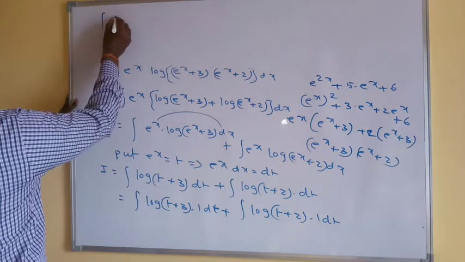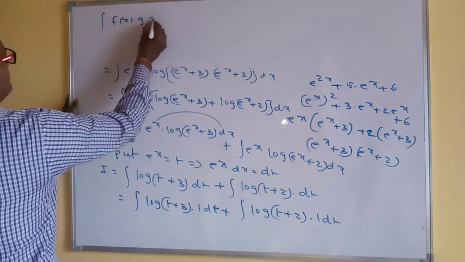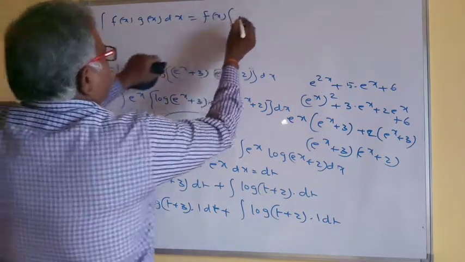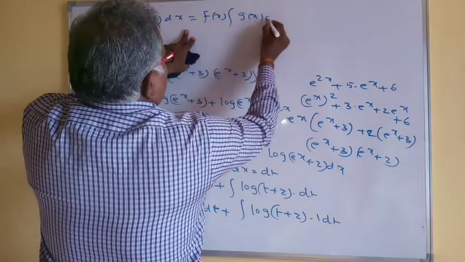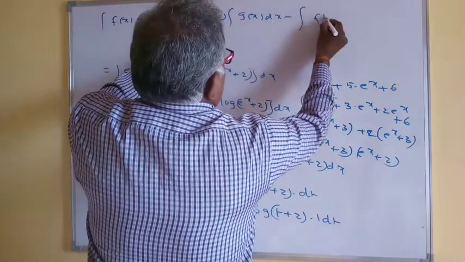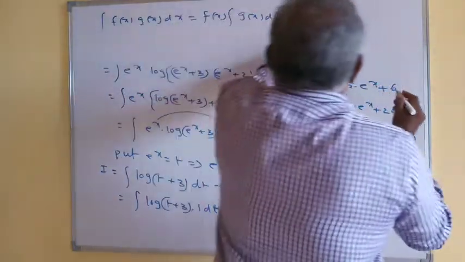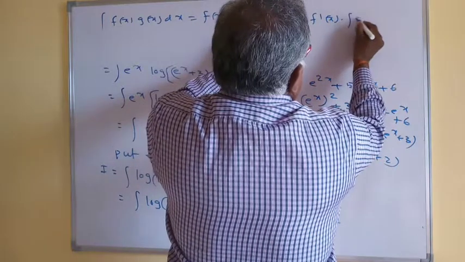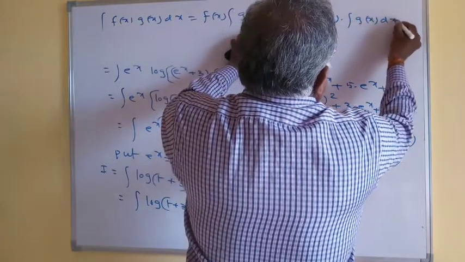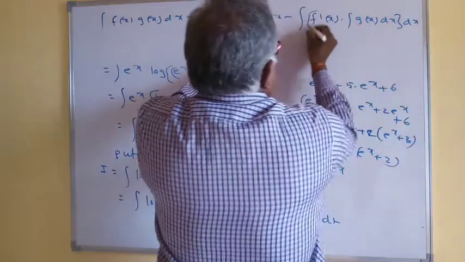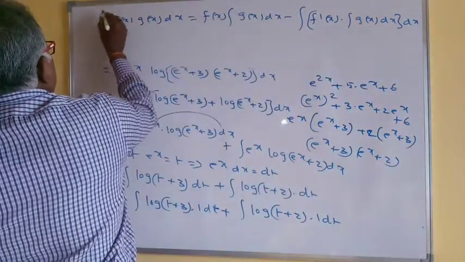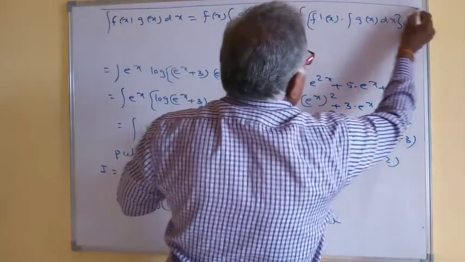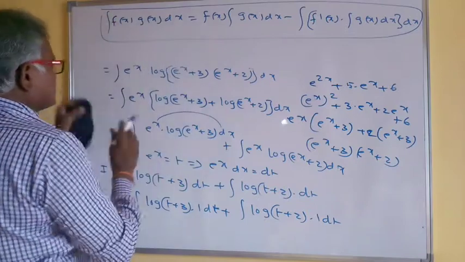What is the formula? Integral f of x g of x dx is equal to first function into integral of second function minus integral of first function derivative into second function integral. Okay, so this whole integral you must put in bracket.